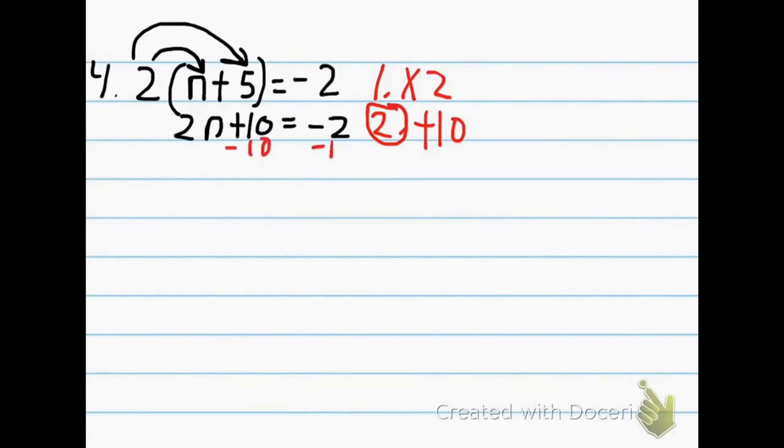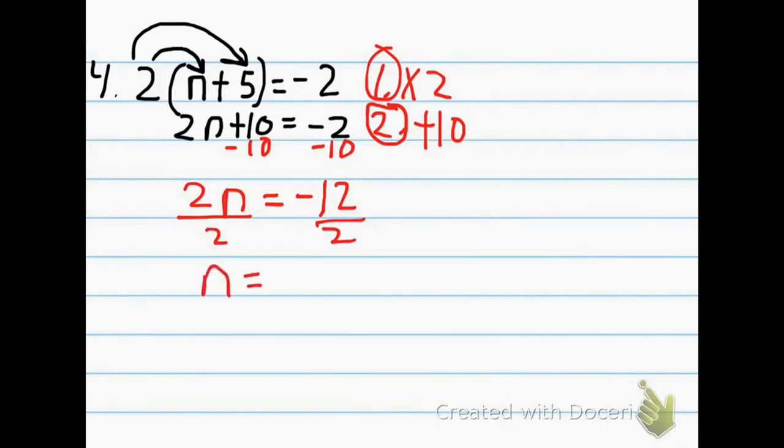Do the same thing to the other side. Instead of multiplying by 2, you have to divide by 2. And your answer is -6.